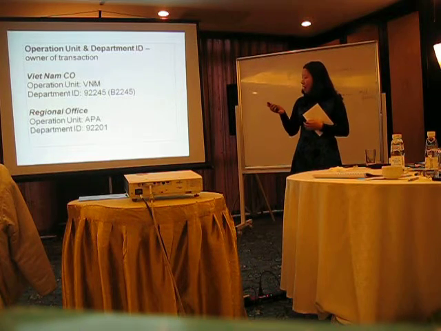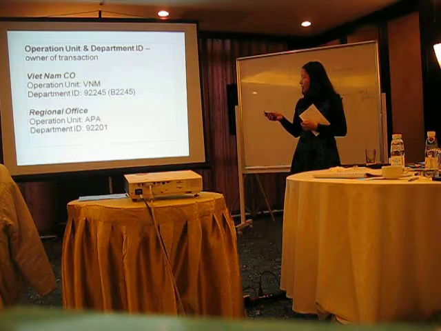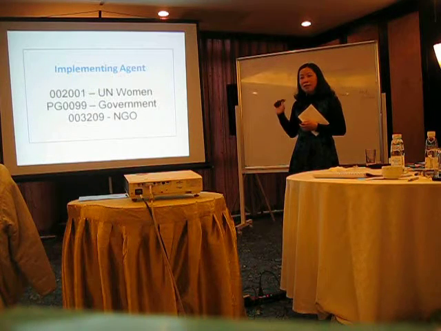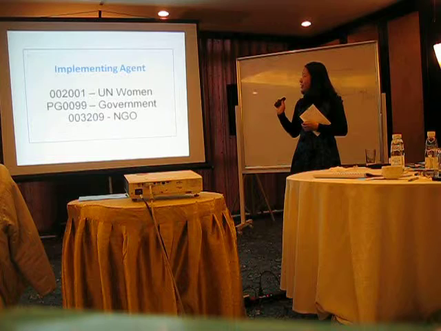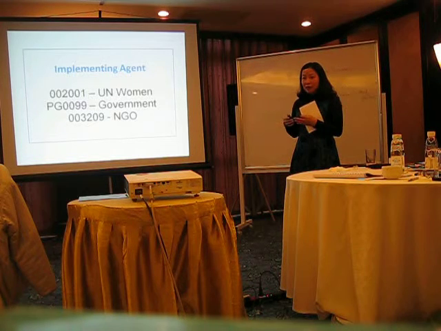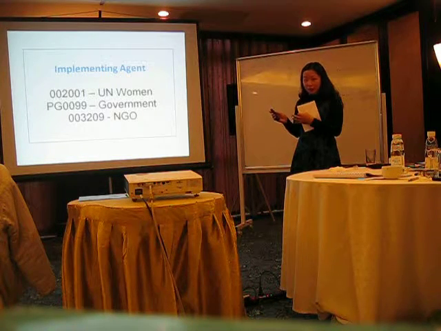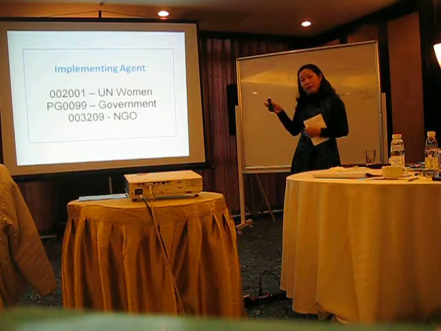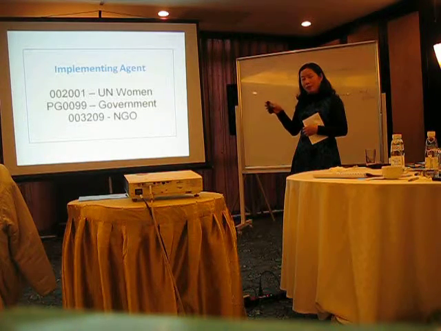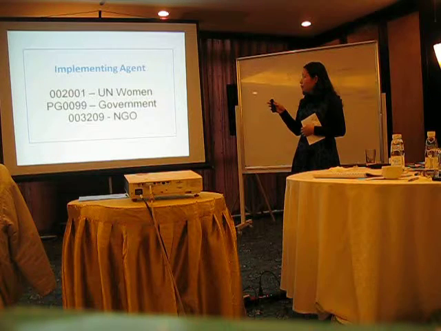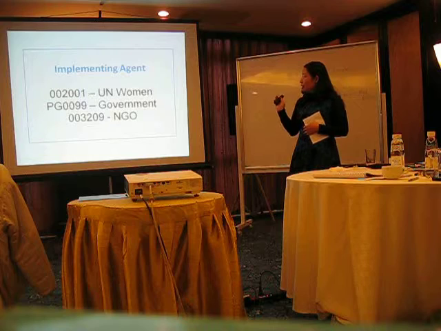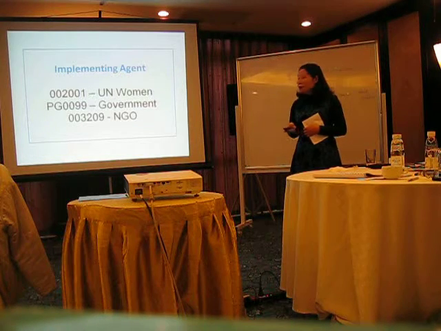And I will show an example for the regional office. The implementing agent is the one who is actually implementing the activity. We have three main regularly used implementing agent IDs: for UN agencies, for the government, and for the NGO.